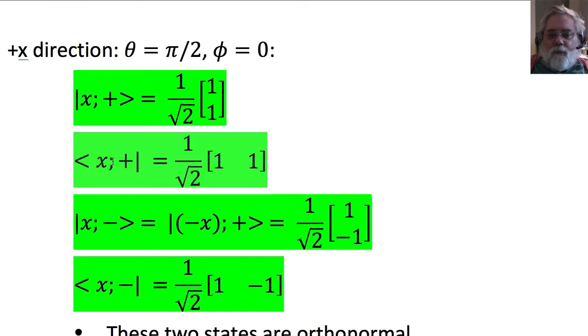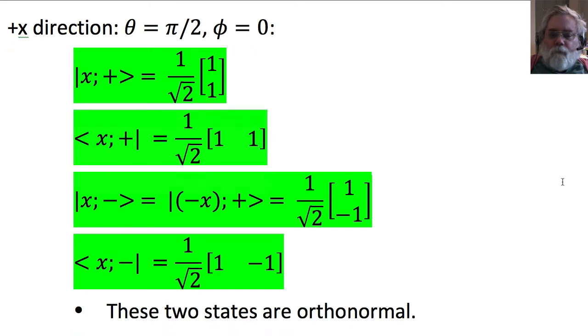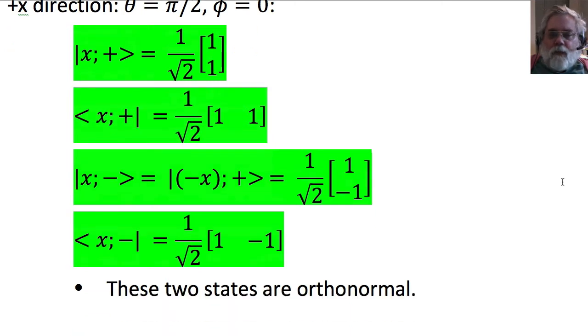And we can turn that into bra form, 1 over square root of 2 row vector 1, 1. The ket x minus is 1 over square root of 2 column vector 1, minus 1, and bra x minus is 1 over square root of 2 row vector 1, minus 1. These two states, x plus and x minus, are orthonormal. You should check that for yourself.